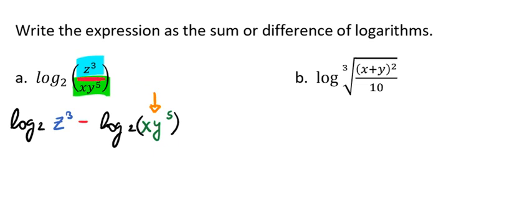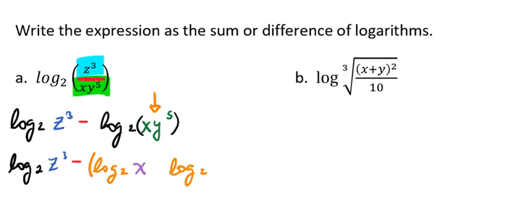So we have our original log base 2 of z to the third, and now we're going to subtract this whole next piece. This piece is log base 2, and we're going to need two of them, because there's two things inside. So we're going to have a log base 2 and a log base 2, of x and then y to the fifth, and because those are being multiplied, we say that we are adding those two things.